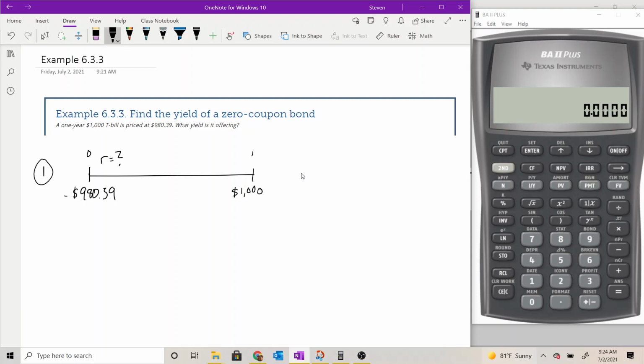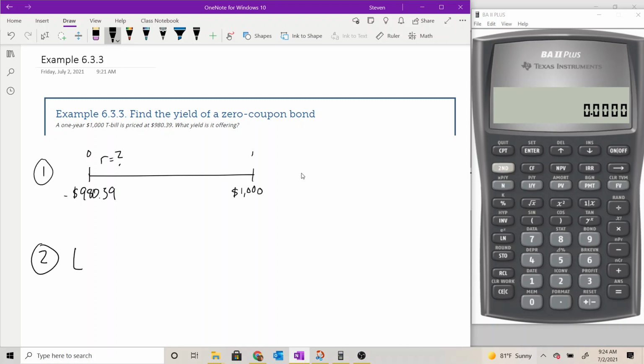The main thing that we are going to use here is that the yield is the rate of return for the investor, and is also the discount rate that equates the current price with the present value of the promised future cash flows. All right, so what type of cash flow do we have here? We've got one cash outflow at time period 0, and one cash inflow at the end of the first year.